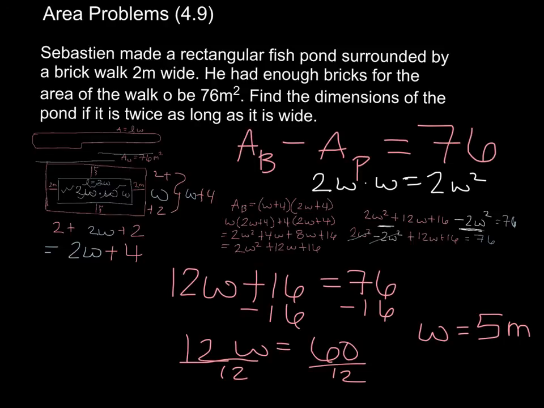Okay, if it's twice as long as it is wide. So in here, we accounted for that. We said the w is 5 meters, and the length is 2 times w. So what that means is the length is going to be 10 meters. So the dimensions of the pond are 5 meters by 10 meters.